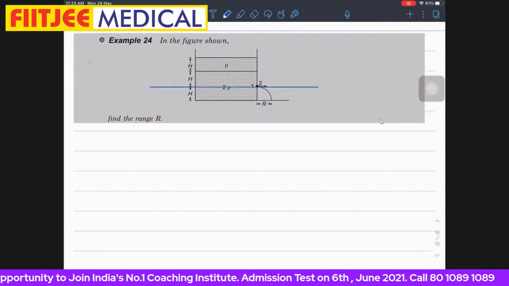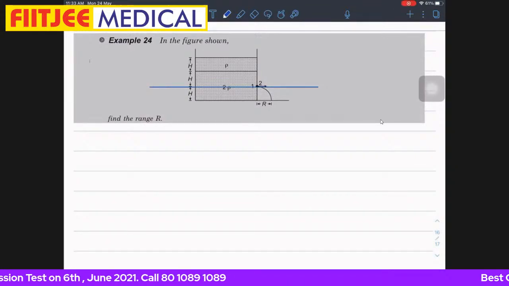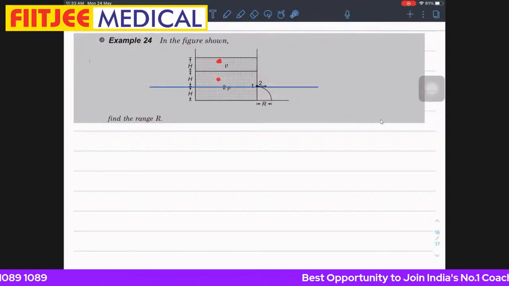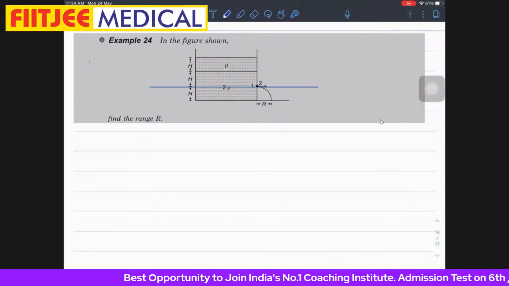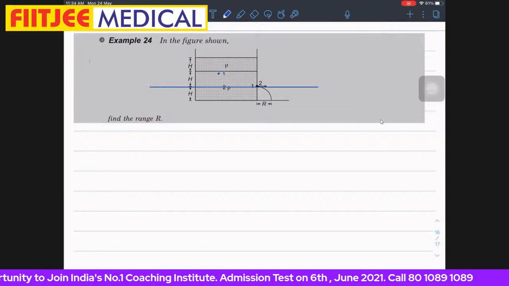So this is our reference line. And remember that in Bernoulli's equation, you can write equation only between the same liquid. You can't take one point in this liquid and one other point in this liquid. No, it will not work in that manner. Both the points about which you are writing the Bernoulli's equation should be in the same liquid. So one is this and two is this.